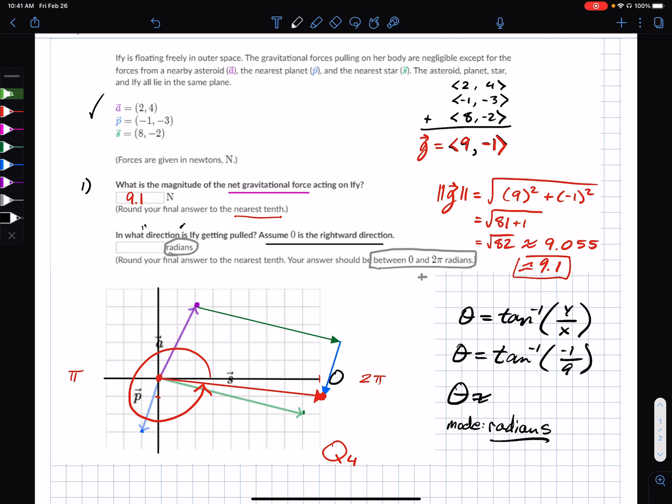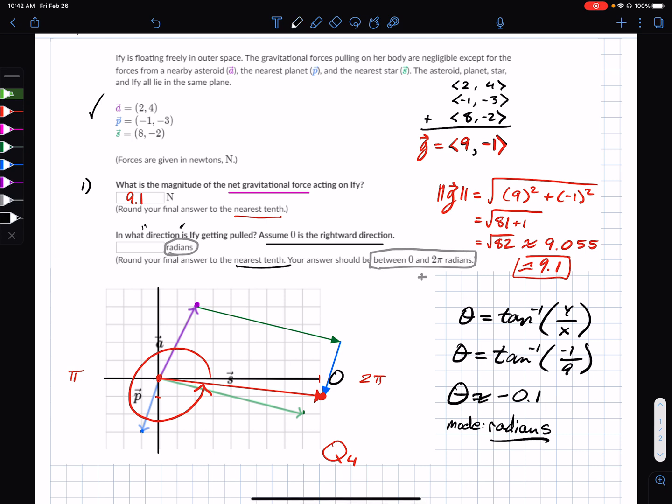And we get tan inverse of -1 divided by 9 is, yep, it's going to give us -0.11. They're saying to round to the nearest tenth, so I probably don't need that hundredths. I'll just say -0.1 radians.